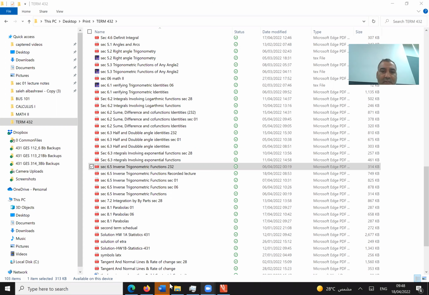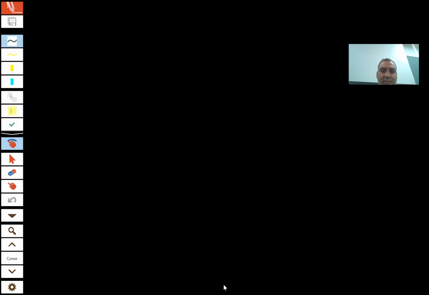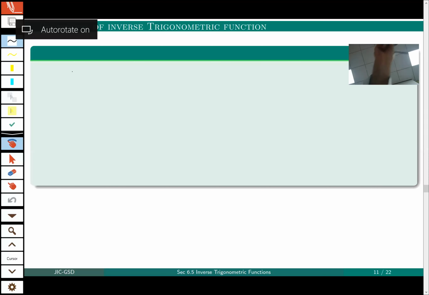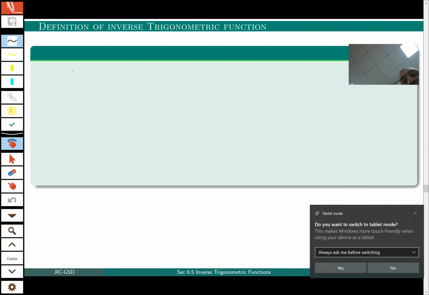Today we will speak about inverse trigonometric functions. To speak about inverse trigonometric functions, let's remind ourselves about what the inverse is, which we discussed in section 4.1.